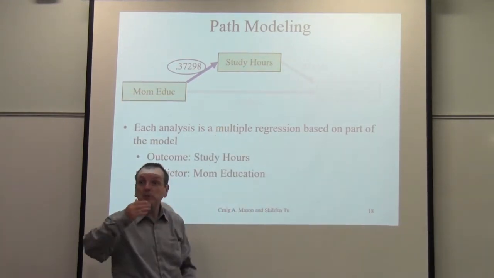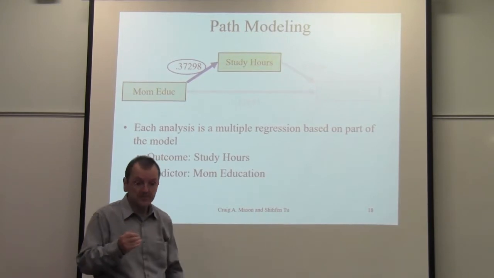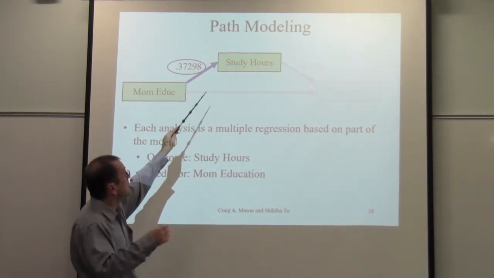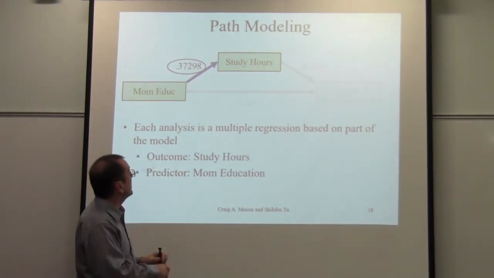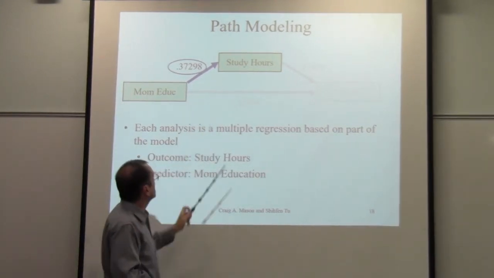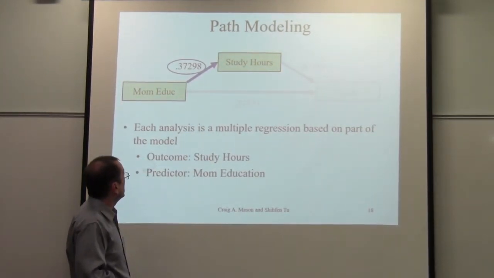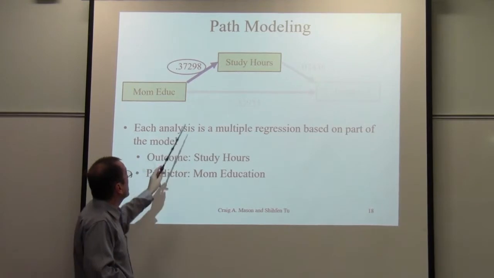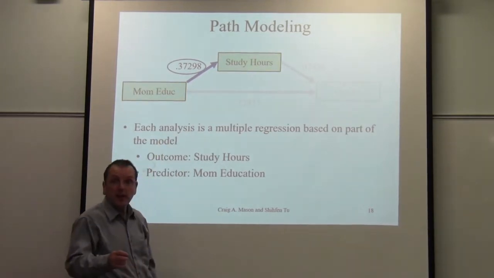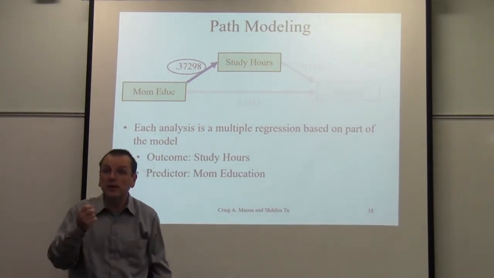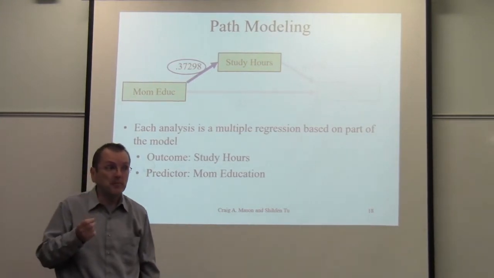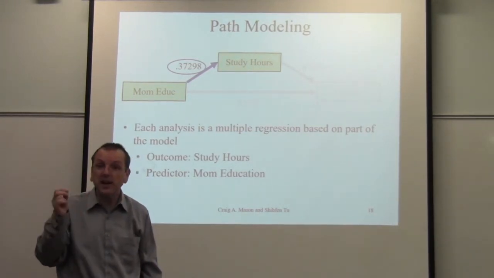So this is kind of like the most simple regression model, or the most simple piece of that model. So we're going to predict study hours based on mom's education. Now notice to do this, our outcome is going to be study hours.